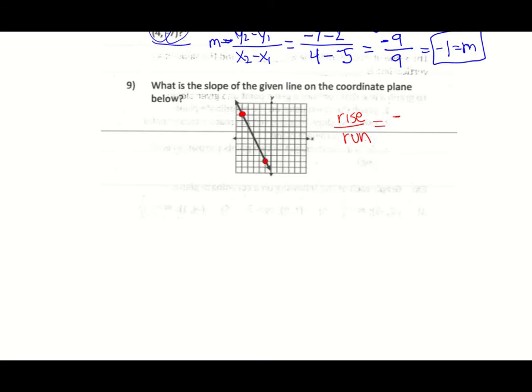And I can count 1, 2, 3, 4, 5, 6, 7, 8. So I'm going down 8. And then I'm going over 1, 2, 3, 4. Negative 8 divided by 4 gives me negative 2. And that is my answer for my slope.